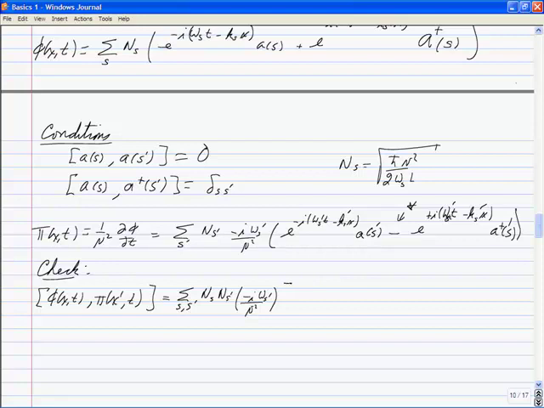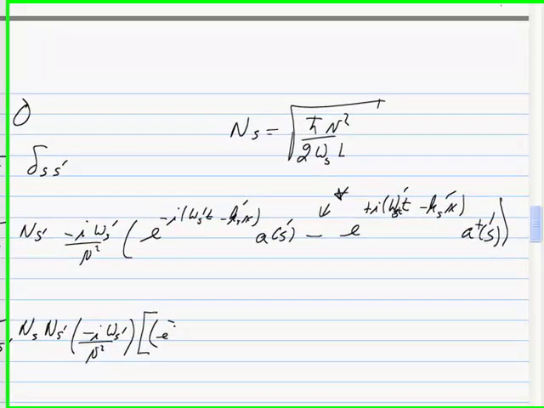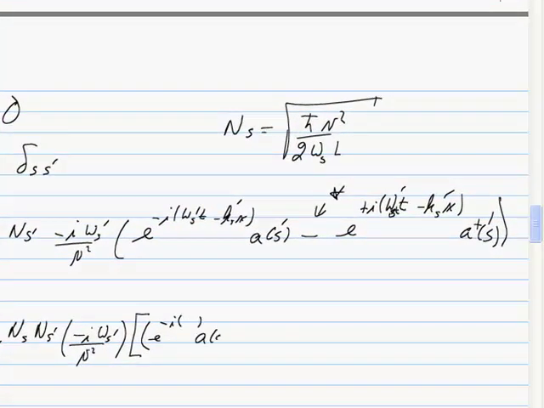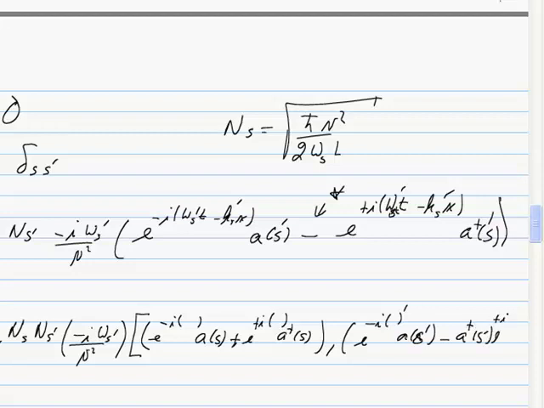And then I have a commutator. Let's be a little bit sloppy, because we'll be able to see where things come in a minute. It's e to the minus i stuff a of s plus e to the plus i stuff a dagger of s, commuted with e to the minus i stuff prime a of s prime minus a dagger of s prime e to the plus i stuff prime, commuted.